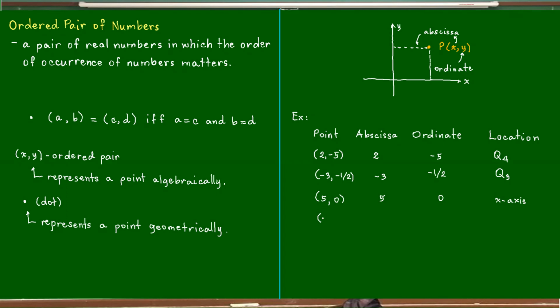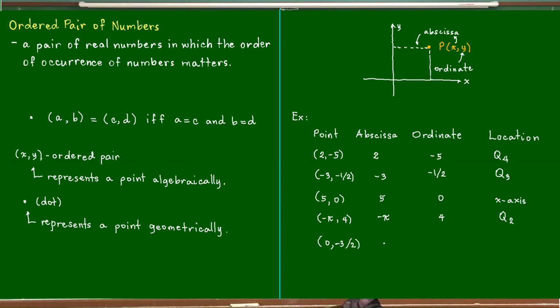What about if I have (-pi, 4)? What is the location, guys? Quadrant 2. And then -pi is the abscissa, 4 is the ordinate. A last one: (0, -3/2).